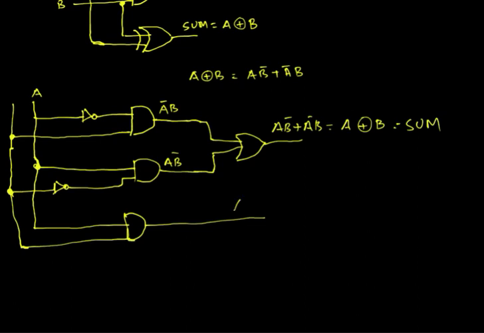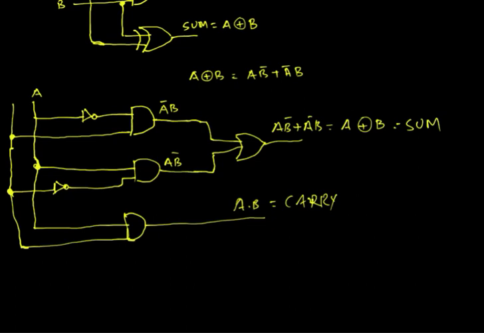So here it is A and B, which is the carry. So this is the realization of a half adder using the basic gates, the AND, OR and NOT gates.